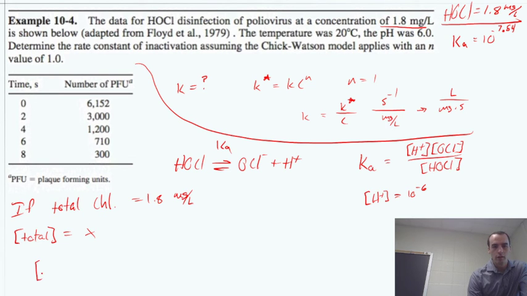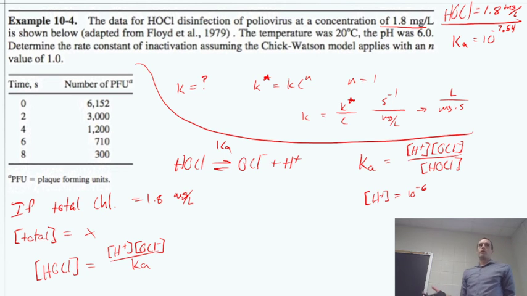So we would then solve for HOCl equals some number. And actually, I'll write out how I would go about that, right? We multiply HOCl from both sides and divide Ka from both sides. So it'd be H plus times OCl minus divided by Ka. Now we have OCl minus, which is another unknown, right?